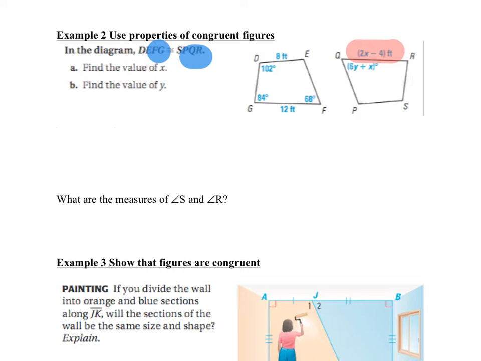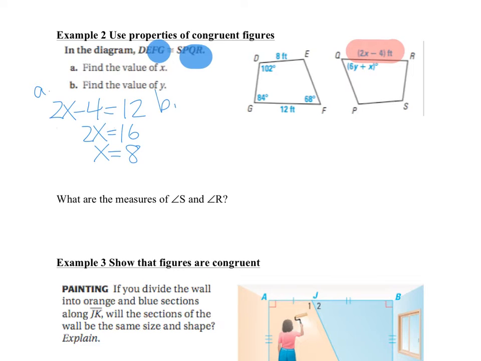So QR is 2x minus 4, and FG is 12. So they must be equal since they're congruent. So x equals 8.